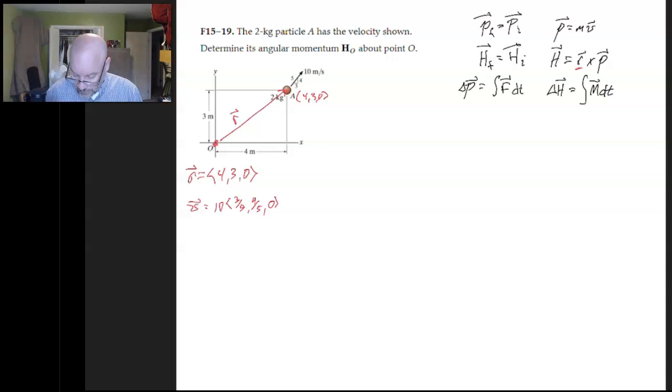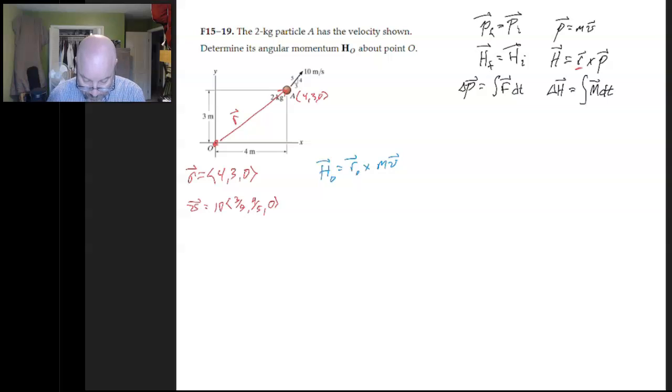Just that simple. H about the origin is my location vector from the origin crossed with the momentum vector, which is mv.